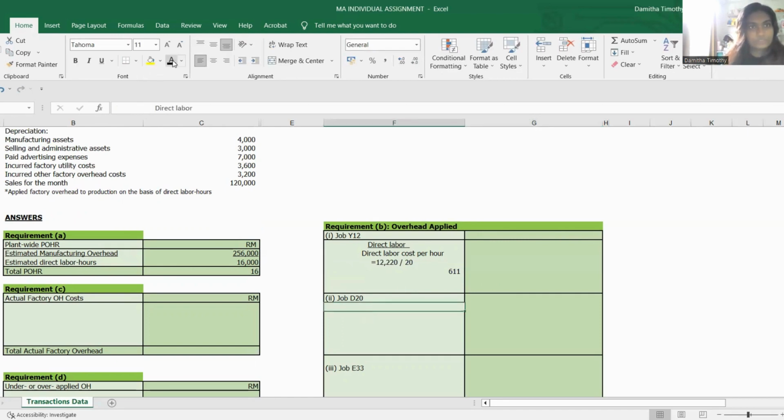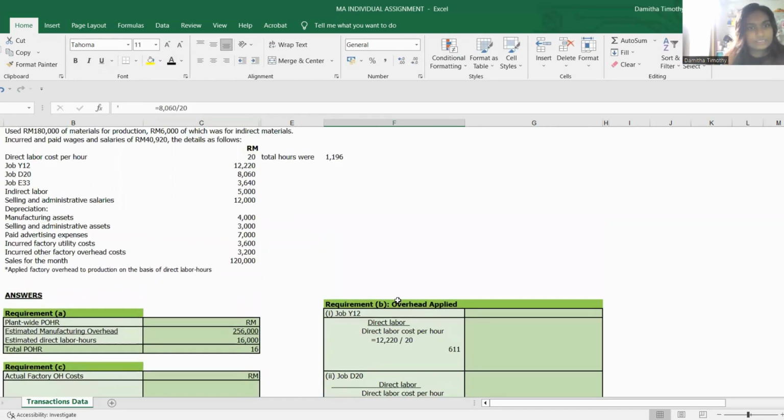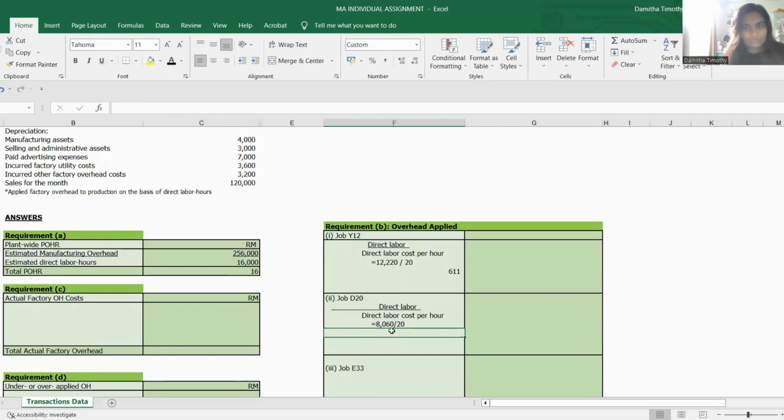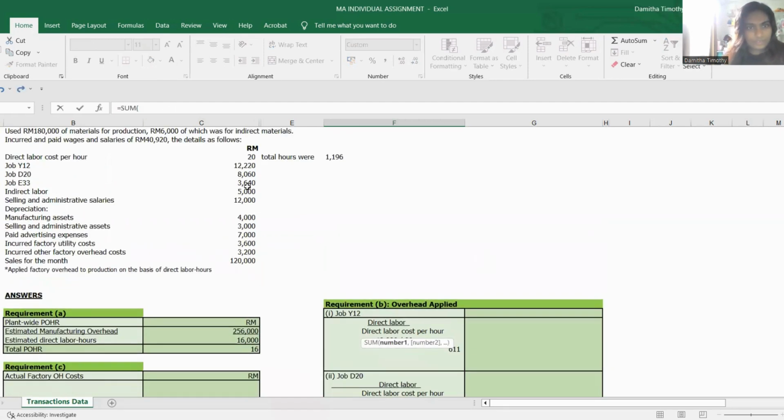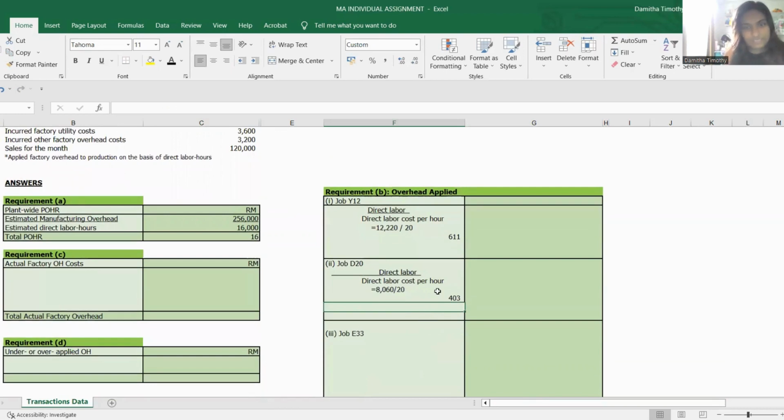So we'll continue with job D20. For job D20, the calculation would be the same. Direct labor cost will be divided by the direct labor cost per hour. So the calculation is 860 divided by 20, and you'll get 43.